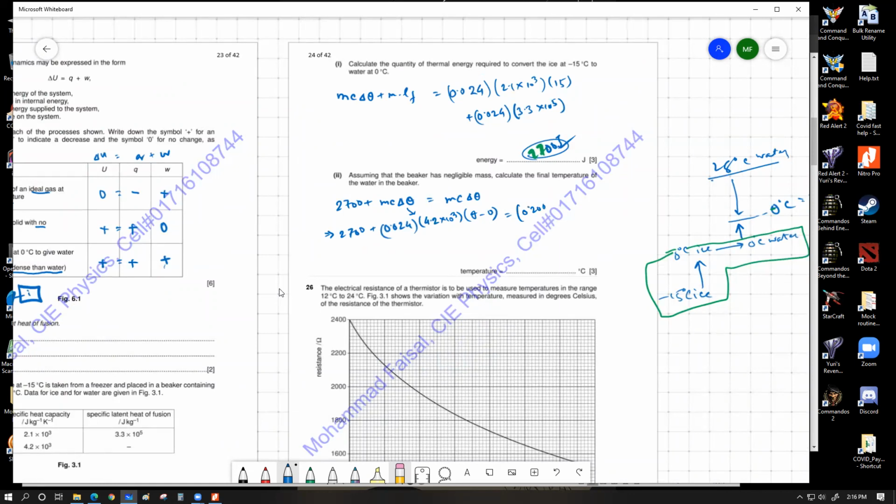You can also choose to write only 0.2. I'm just writing 0.200 to keep me in understanding that this is the 200 gram water, into 4.2 into 10⁻³ into 28 minus theta. So that's your equation. Solve it carefully for the value of theta. Help yourself.